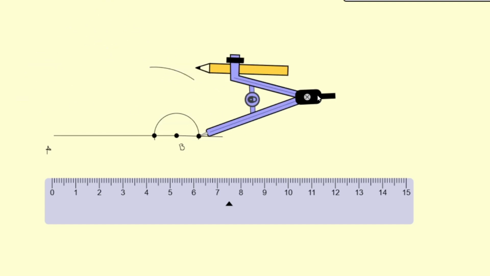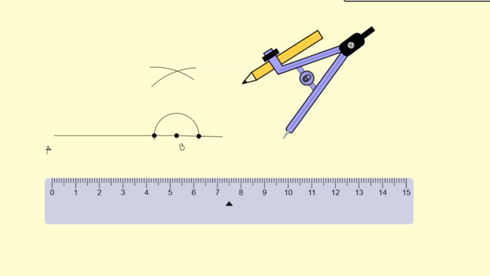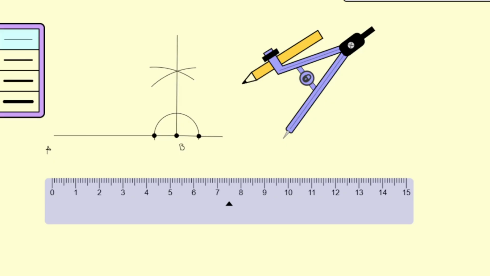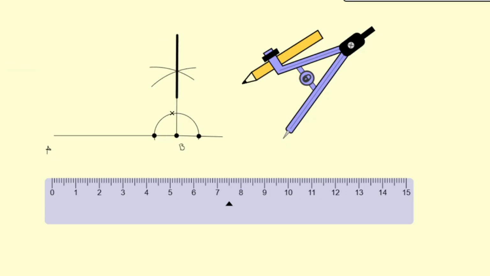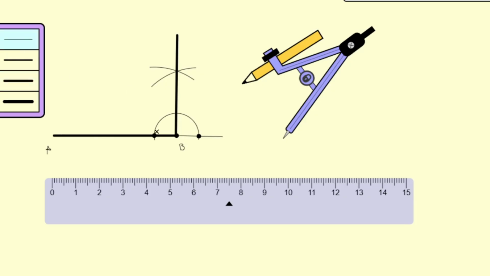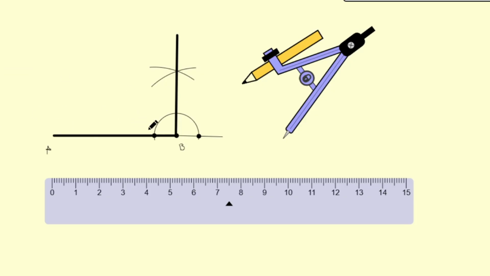Place your point right here again and scribe, and then draw your line. And this would have been our 90-degree angle, and it would have been highlighted here and back to here, because remember, it's going from the line here, our arm 1, to the line here, which is arm 2.